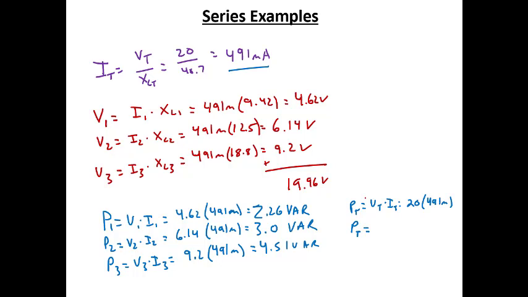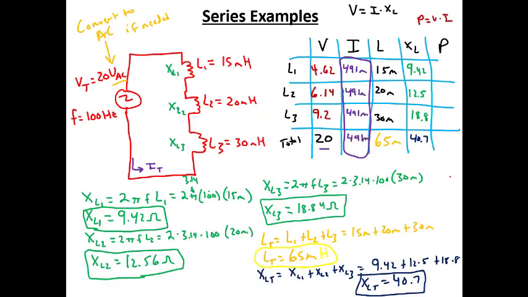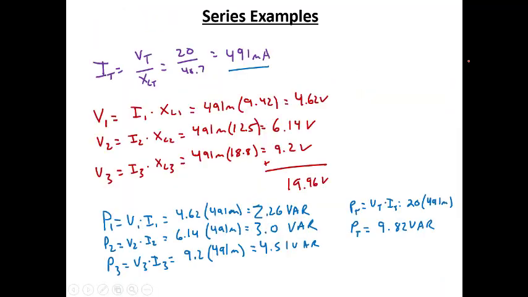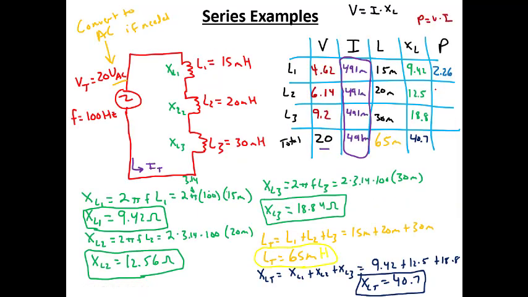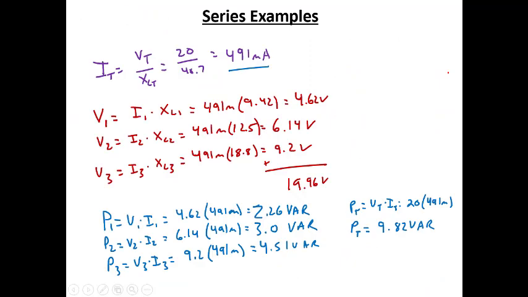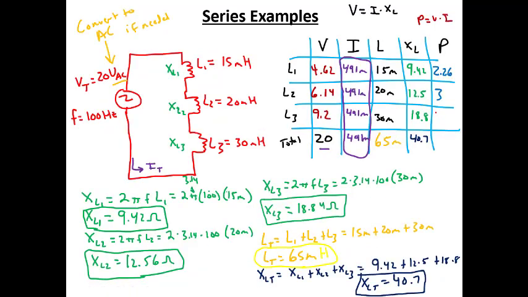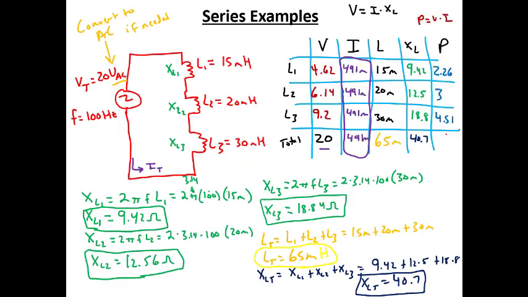So P total would be 9.82 vars. So, all right, so let's transfer these back up. For the first one, I have 2.26, and then we have 3, and then we have 4.51, and then we have 9.82.